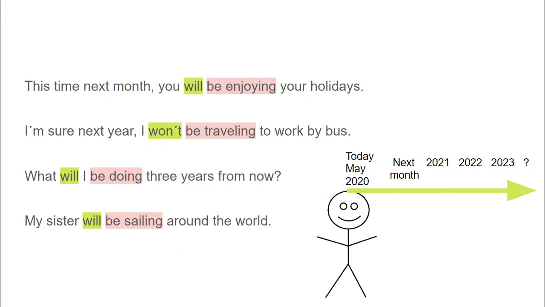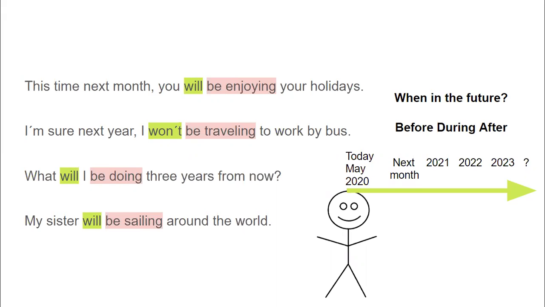Please read them and try to identify the use of each sentence. As we already said, we have to know when the action is happening in the future: before, during, or after the time expressed.